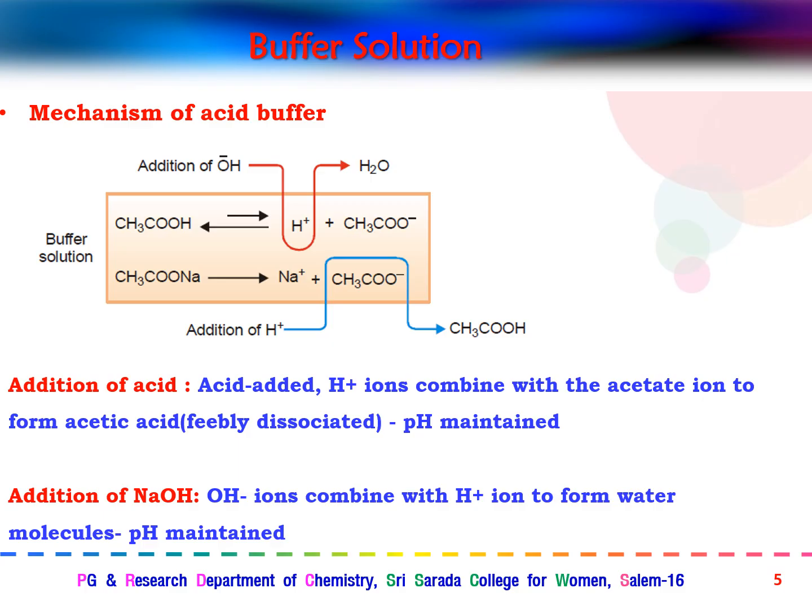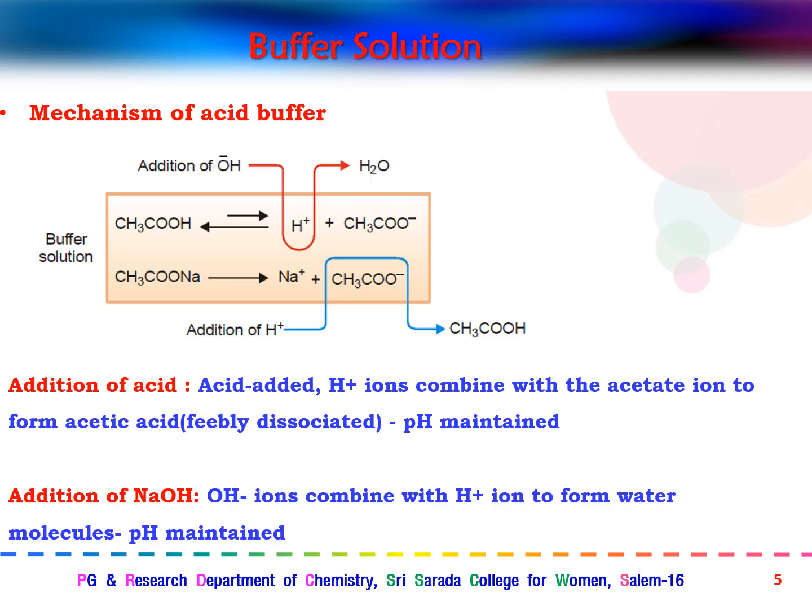Thus, the pH of the buffer solution remains constant. However, due to the increased concentration of acetic acid, the equilibrium will be shifted slightly to the right, with an increase in the concentration of H plus ion.